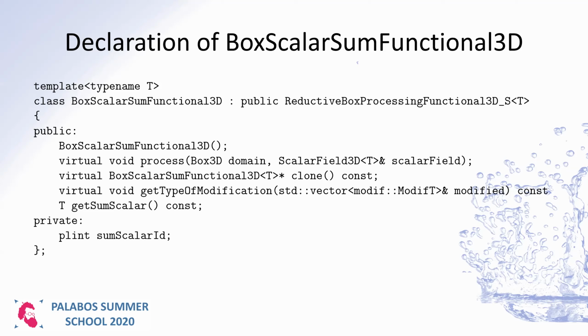Additionally to a conventional data processor, this data processor has data. It is an integer valued variable, which is an identifier for Palabos of the sum you are going to compute. Because within a data processor, you might want to do many reductions, maybe 2 sums, 1 maximum, 1 minimum. Those reductions are going to be computed by Palabos, but they need to be identified through an integer identifier. So this tag is something you have to store inside your class.